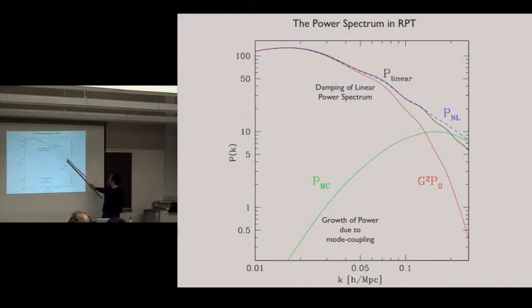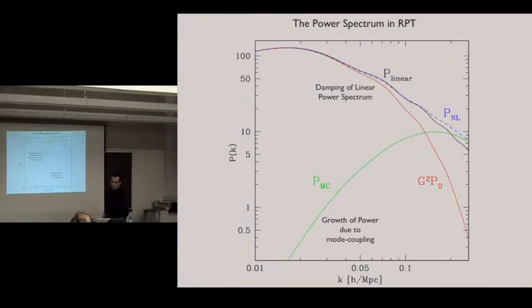Okay, and then the nonlinear power spectrum, which is this blue line, is the sum of two contributions. One which is g squared p0. Okay, so you damp the linear spectrum with this Gaussian, and then you add this power at small scales. Okay, so this is the power that gets generated out of interactions, the mode coupling power spectrum.